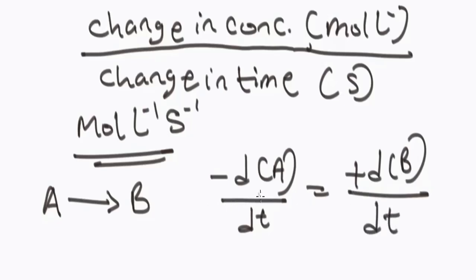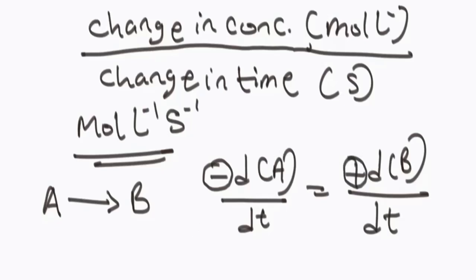Meaning that the change in reactant A is equal to the change in product B with time. Note that this negative sign signifies that the reactant is disappearing, whereas this positive sign signifies that the product is appearing.